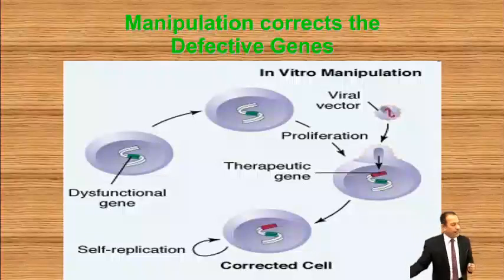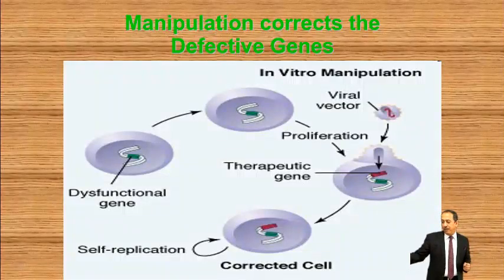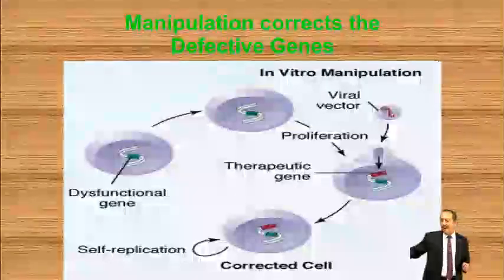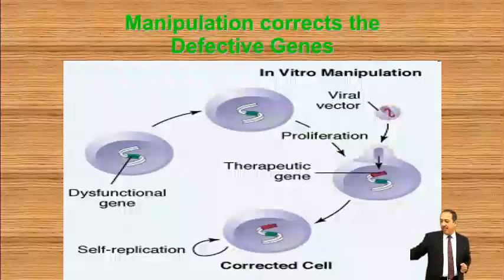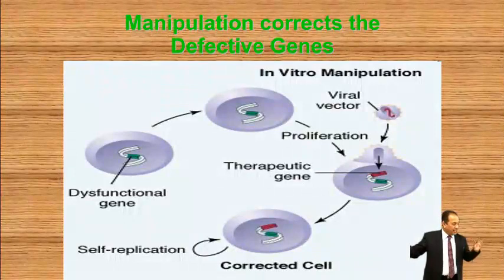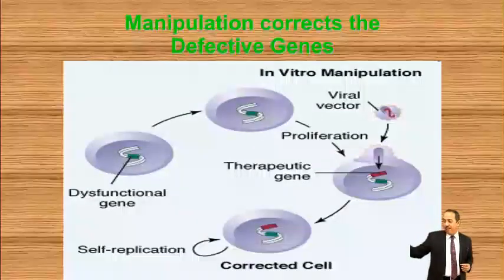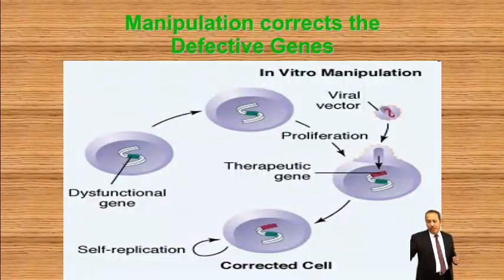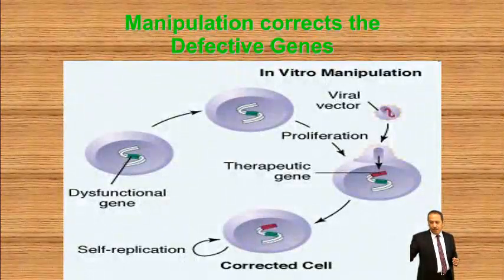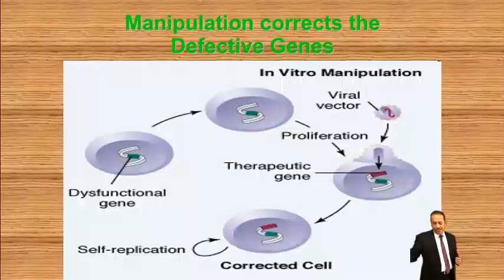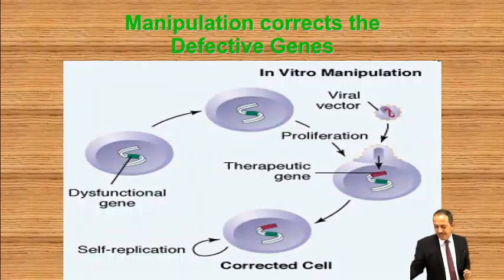Okay, the corrected cell now will be proliferated, and the viral vector will be released, and the viral vector carries the therapeutic gene. The therapeutic gene will be introduced neighboring to the dysfunctional gene, and here are the corrected cells.